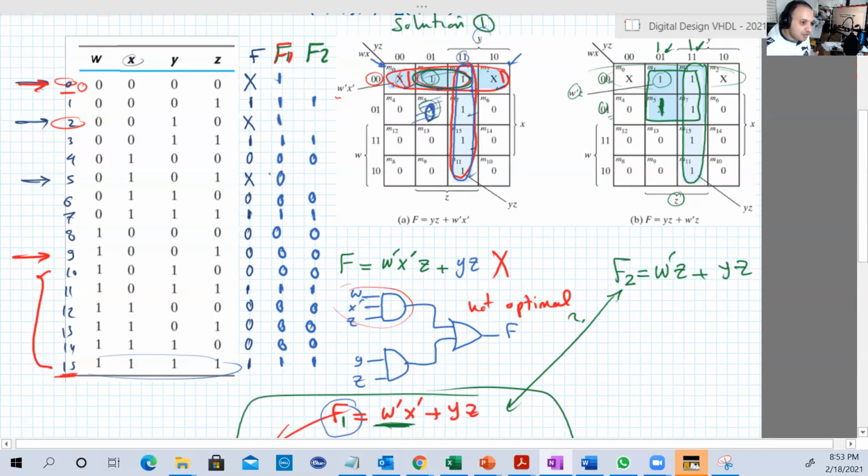In F2, again, the difference between F2 and F is the don't care. So in F2, we consider the don't care at 5 as 1. But the don't care at 0 and 2, since we didn't choose them with any combination, implicitly we are considering them zeros.